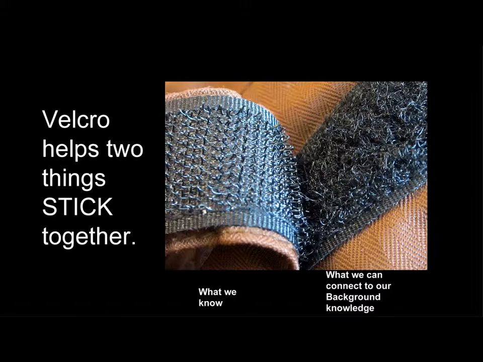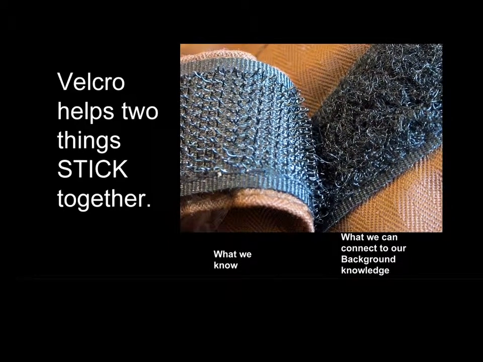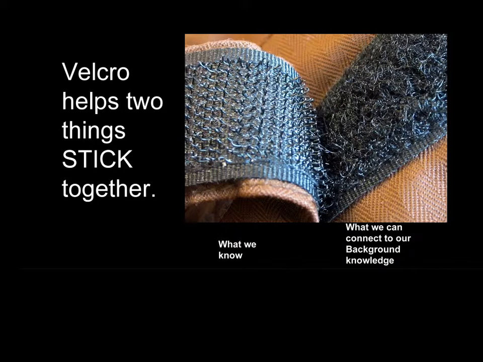Well, just like with Velcro, we can stick things together with inferences. We can take what we already know and attach it with the things we learn from the text. And then when we put it all together, that's when we have drawn an inference. Another way that we often hear the word inference being described is to read between the lines.